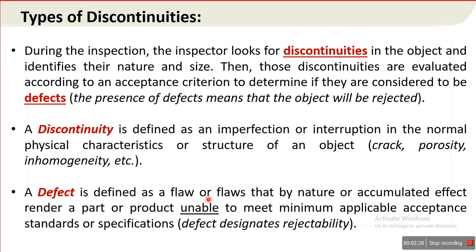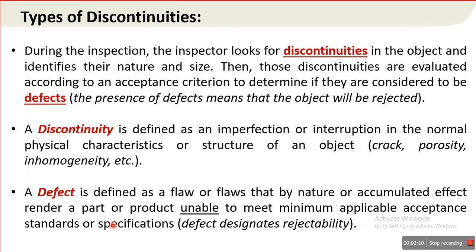It is a single flaw or it may be a group of flaws that by nature or accumulated effect render a part or product unable to meet minimum acceptable applicable acceptance standards or specification. Means the designer designs a component for a particular performance. If that component does not reach that particular performance due to the presence of discontinuity, then that discontinuity can be called a defect. So this is the difference between discontinuity and defect.